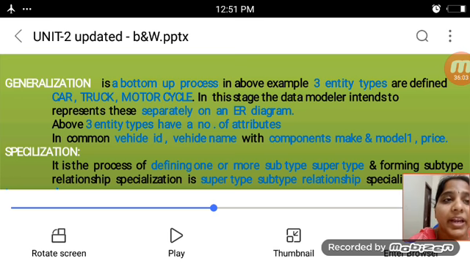A vehicle has three attributes, car and truck will be there. And in common, vehicle ID, vehicle name with the components make and model, and price will be there. This is how we remember generalization: generalization is the bottom-up process.